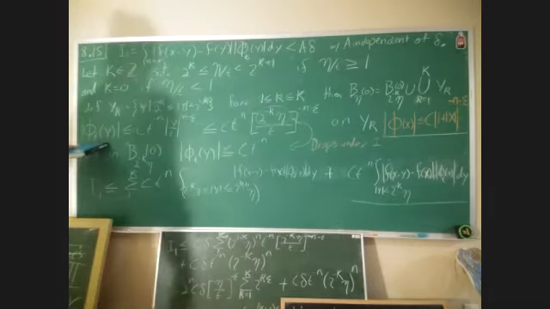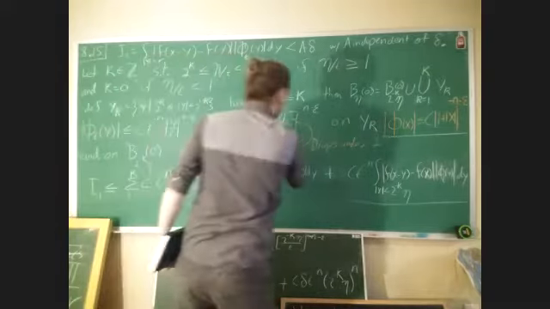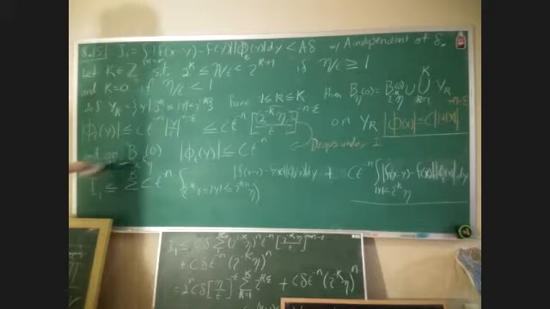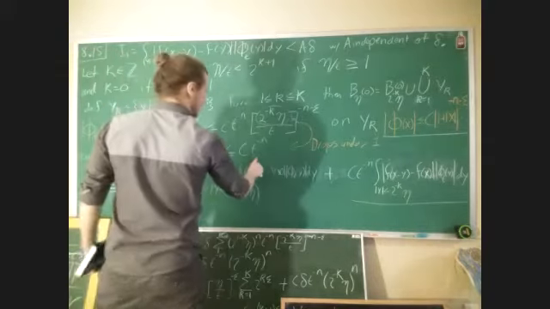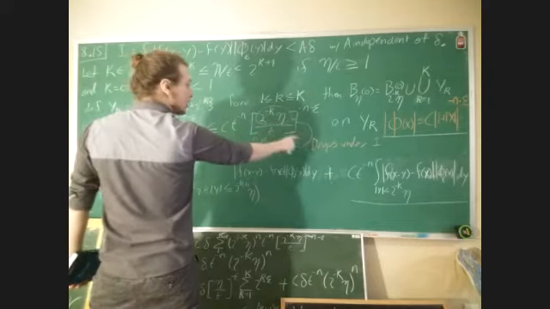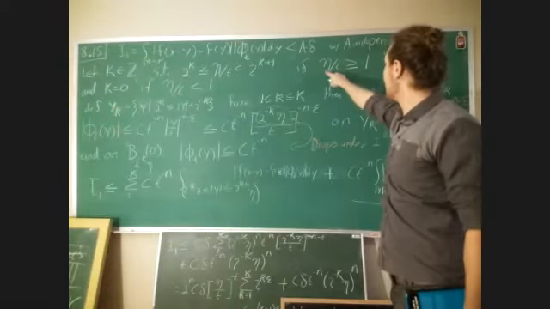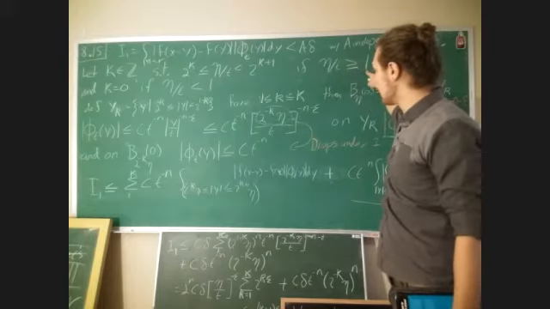We're noting that on that particular shell, so on y_k, it is bounded here, and then on the ball at the center, we get a stricter definition because we notice that nu over t is greater than 1.